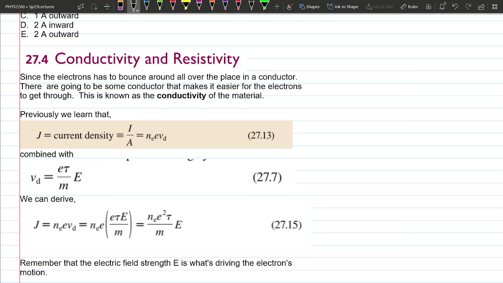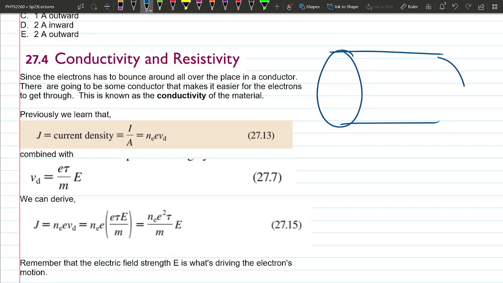Remember the picture I want you to have when you think about current, meaning electron current or just regular current, is that inside a conductor there are all these nuclei around. Conductors are made of atoms, and atoms have a nucleus and a cloud of electrons around it.